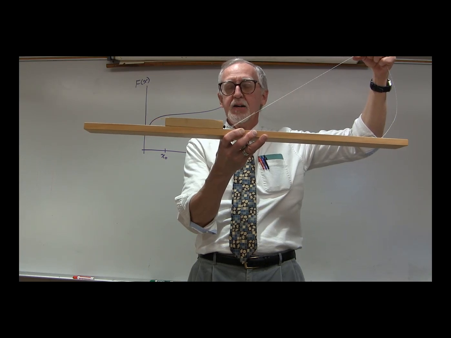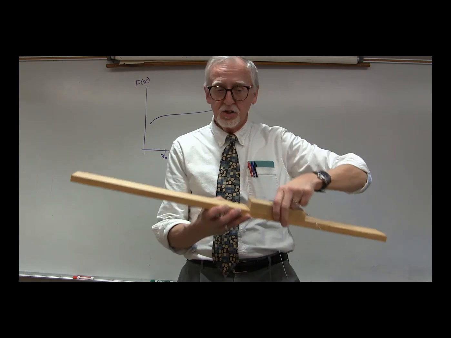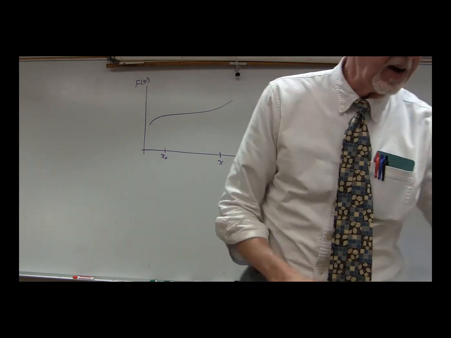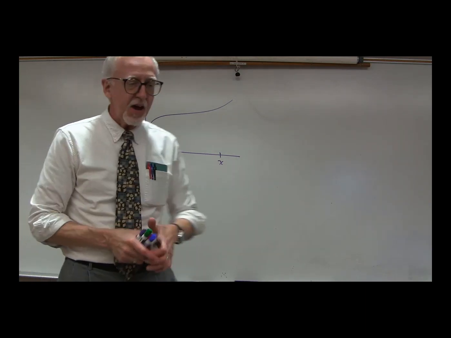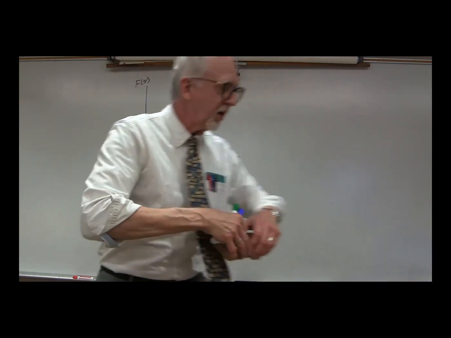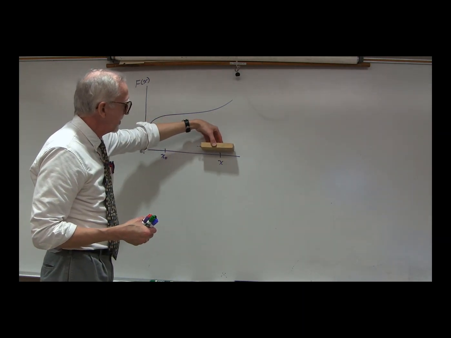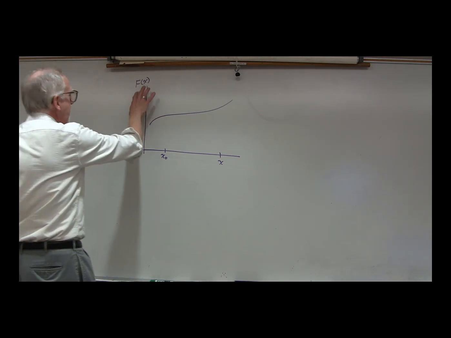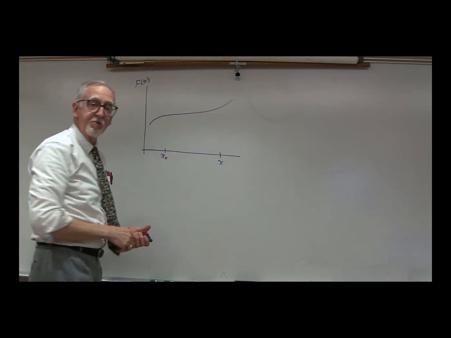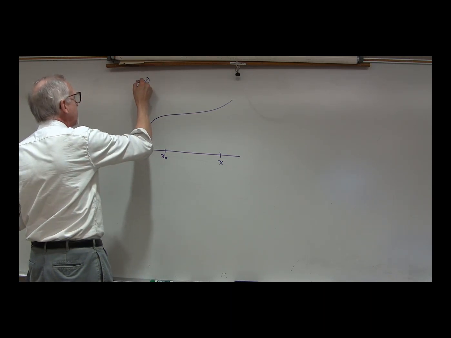Sometimes it's a small force, sometimes it's a larger force, and it changes. So let's imagine that we've got some relationship as our object moves from an initial position to the final position. Let's imagine that the force is varying in some arbitrary way. So let's actually assume that we're looking at F sub x.